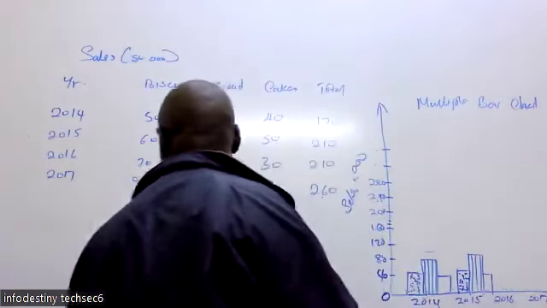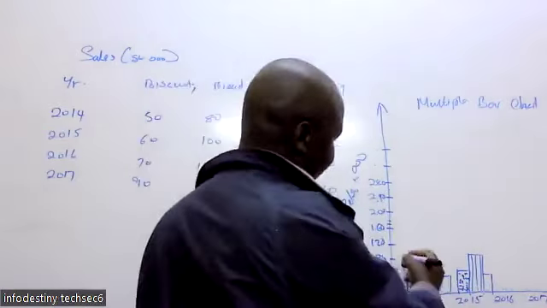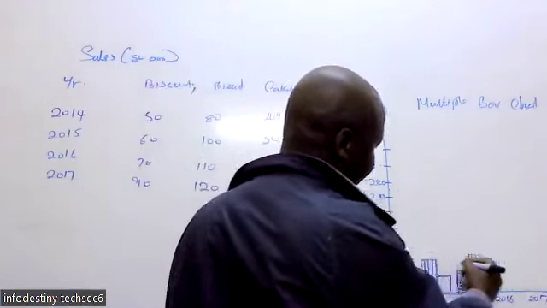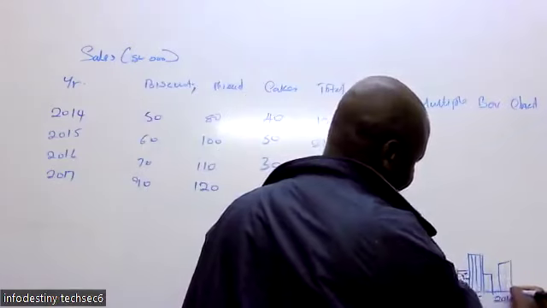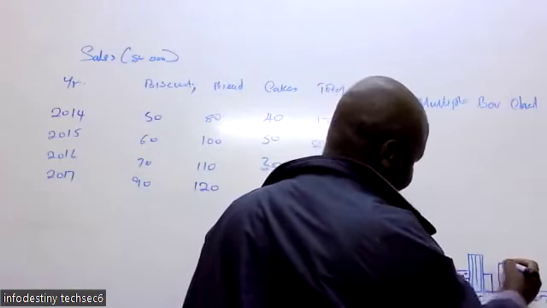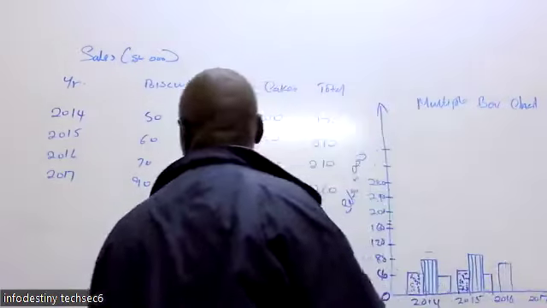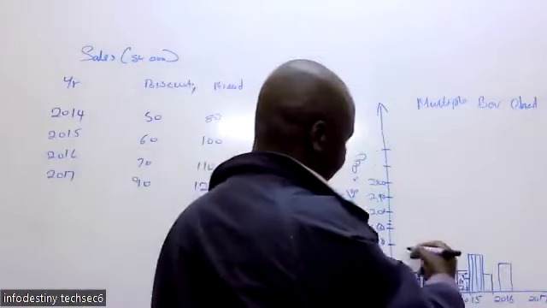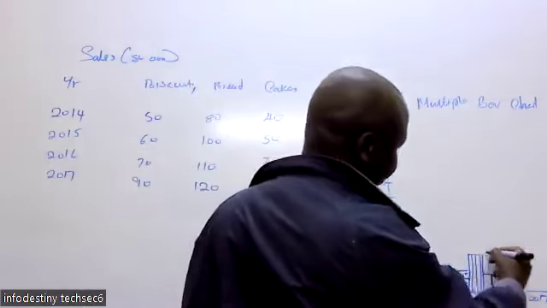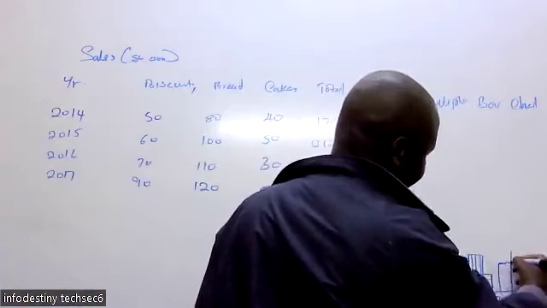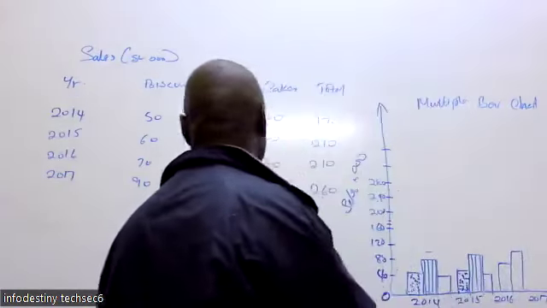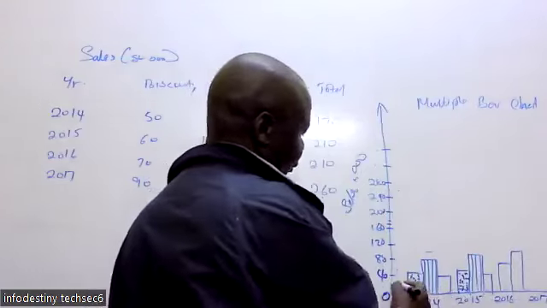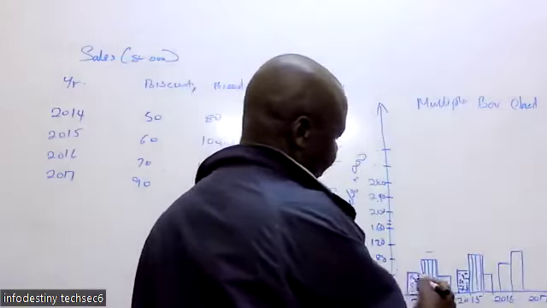Then 2016, 70. So we go up to 70, which is there. Then 110, which is there above that. Then the last one is going to be 30. So we go up to 30, which is somewhere there.